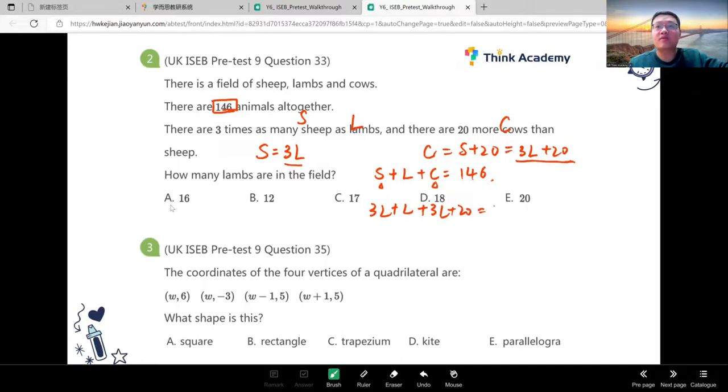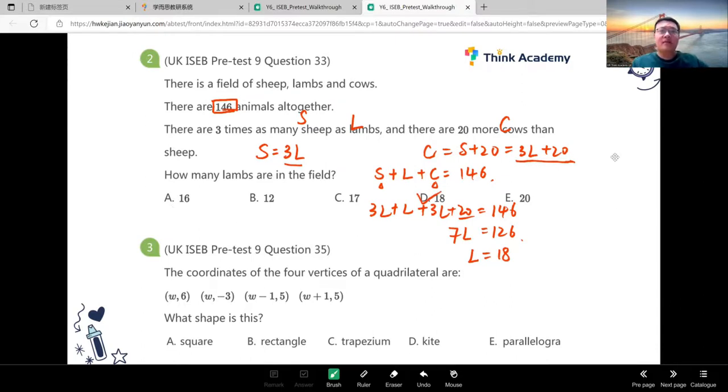So that's going to be 146. You take away that 20 from the left-hand side. That gives you 7 times L equals 126. Then you divide by 7, so you got L equals 18. And that's why you choose D.